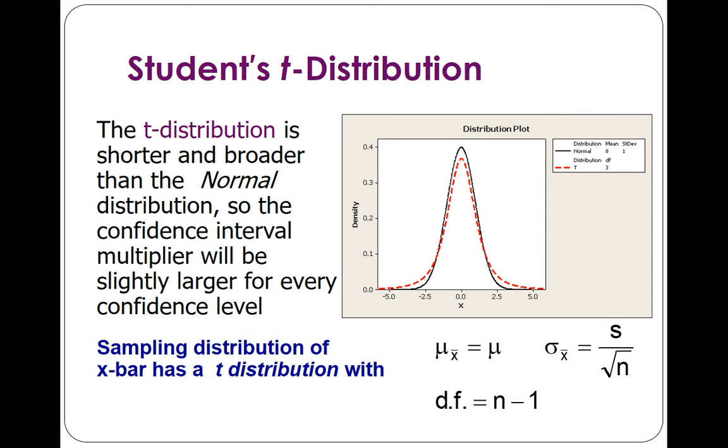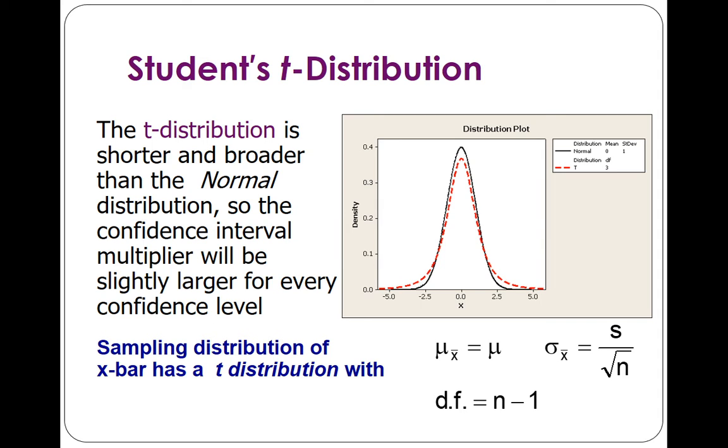There's one other thing with the t distribution. The expected value will still be mu. The sampling distribution's standard error will be s over square root of n. But you need to know one more thing, and that's the degrees of freedom.